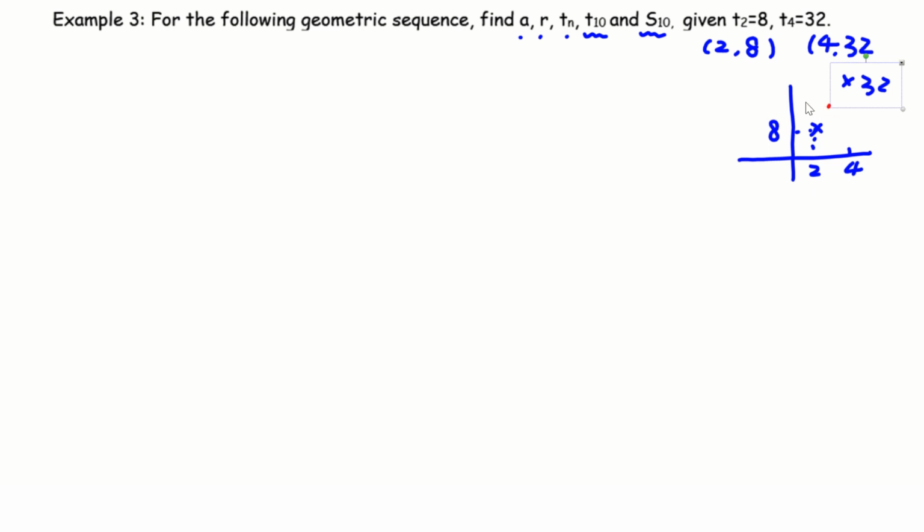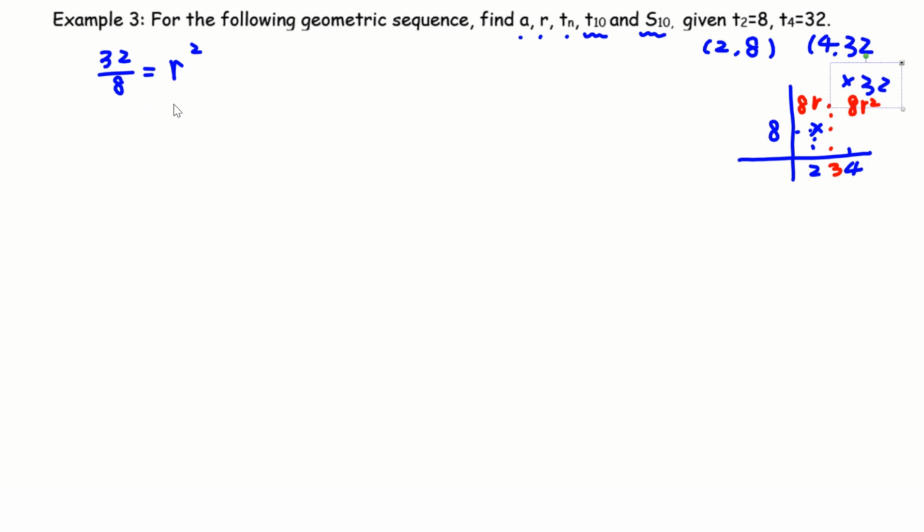So the middle one will be a times r if it's the third term. Then for the fourth term, it's a times r again, r squared. So from here, you are able to see that 32 divided by 8 equals r squared. So you times r twice to get the next term.